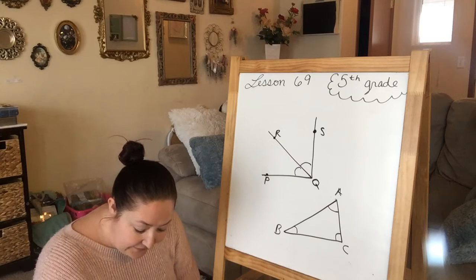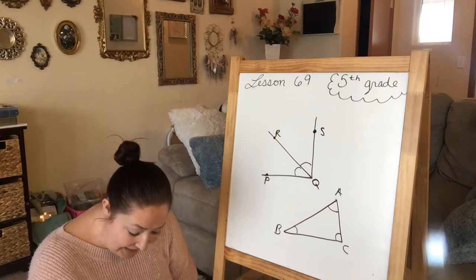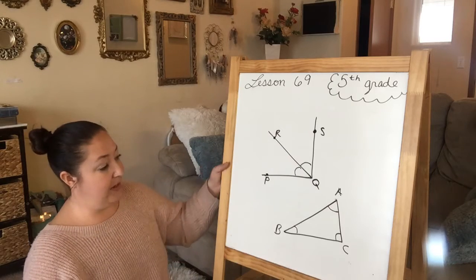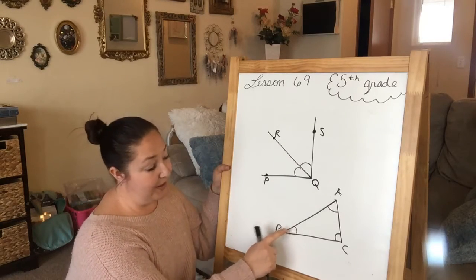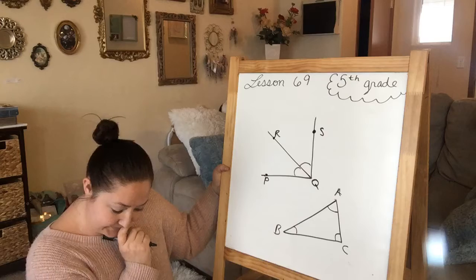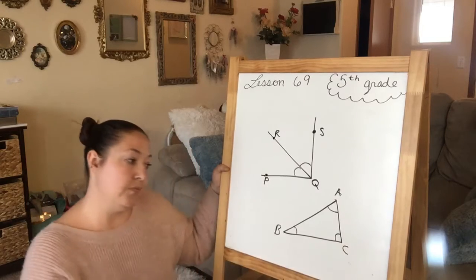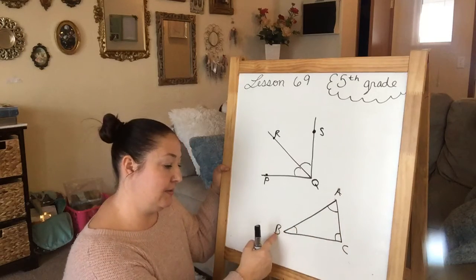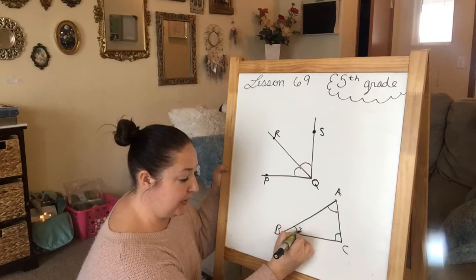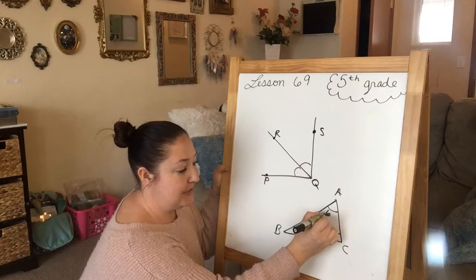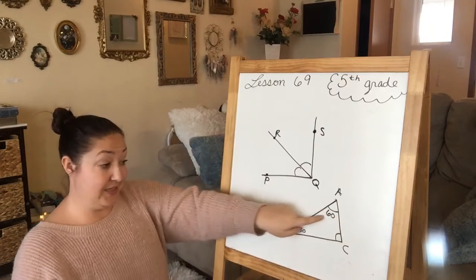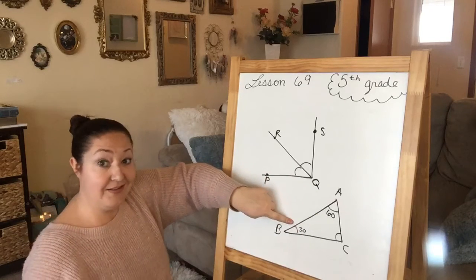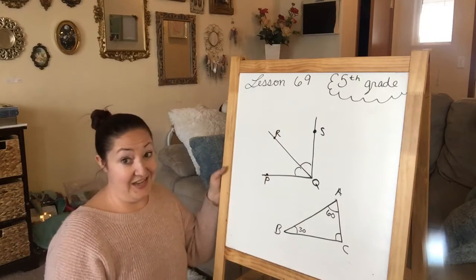So what else? It says in the figure to the right, angle A and B are complementary angles. Because this is 90 degrees, and this is 30 degrees, and this is a 60 degree angle. And 60 plus 30 is 90. See that?